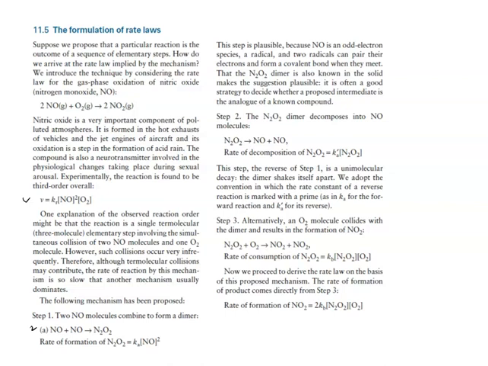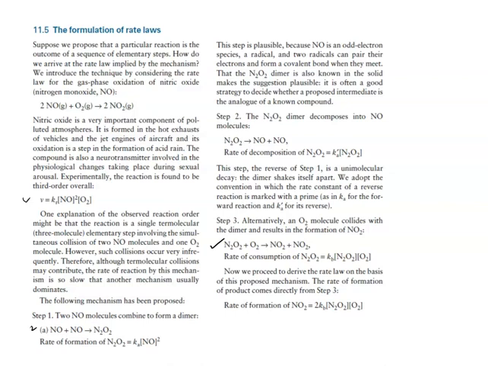Step 3, alternatively, an oxygen molecule collides with the dimer and results in the formation of nitrogen dioxide, shown here. In this particular case, the rate of consumption of dinitrogen dioxide would equal k_b times the concentration of N2O2 times the concentration of O2.